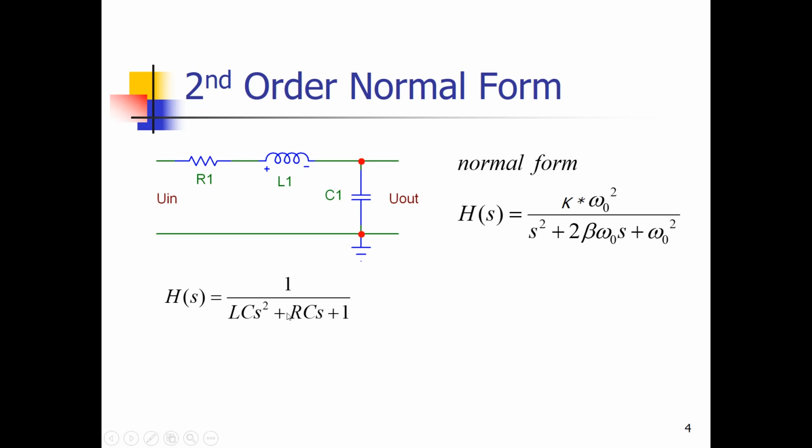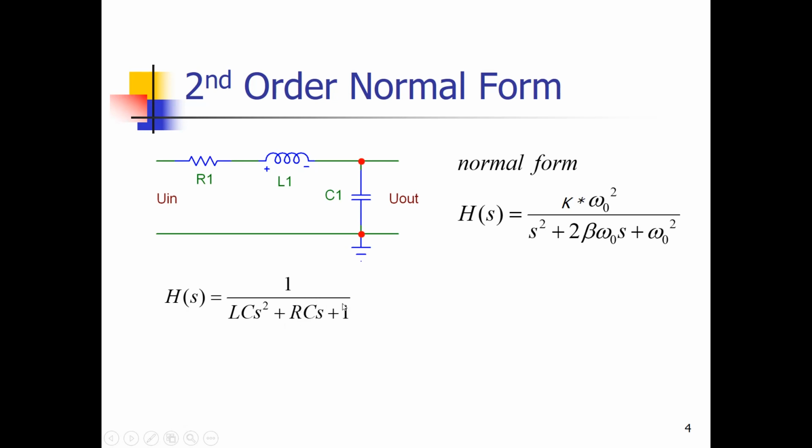So in order to make this comparable, I have to put a 1 over here, and I can do that by dividing this part by LC. Then I get LC over LC, which equals 1, which is the one which stands over here. But when I do that, I also have to divide RC over LC.